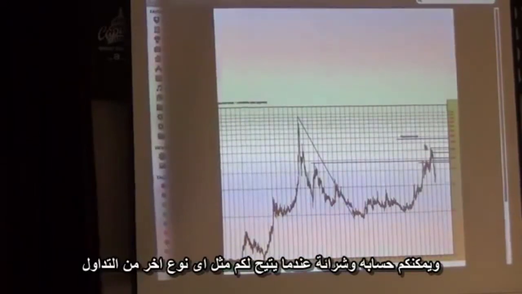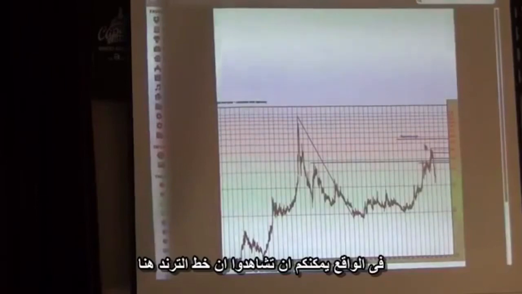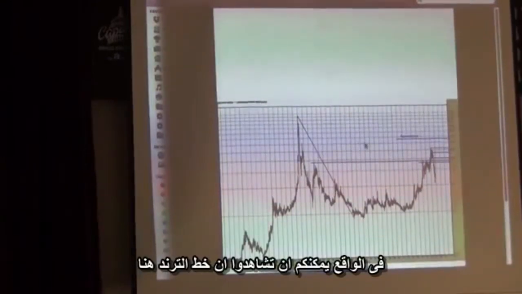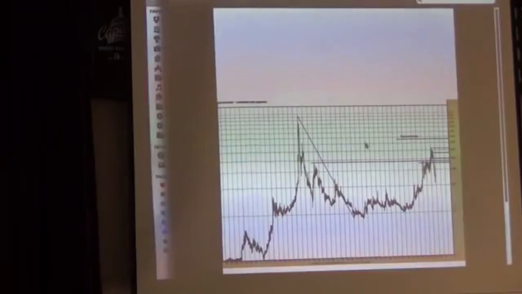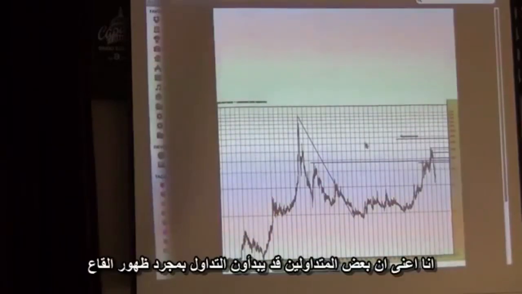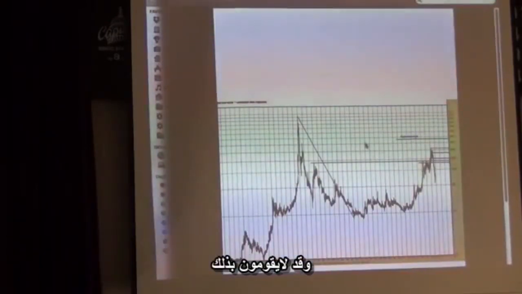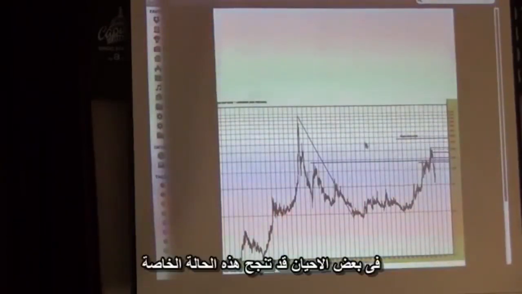You just have to manage it like every other trade. And in fact, you see this trend line. Some aggressive traders will try to get a jump start on the pattern and buy there at the bottom, and that might work, and it might not. In this particular case, it would have worked.